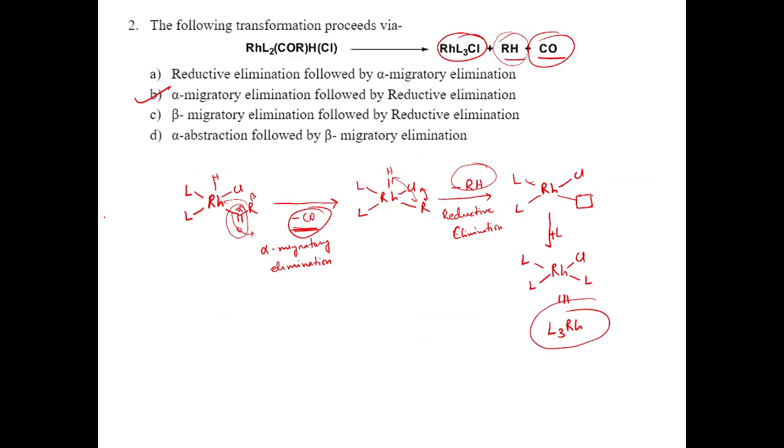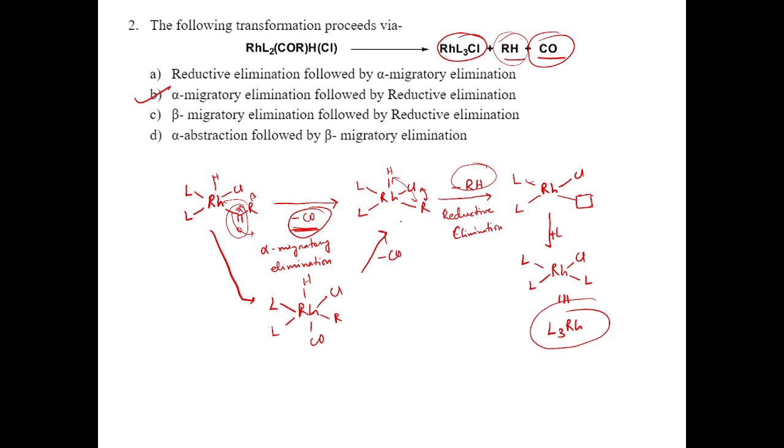If I go back to the previous one, there is an intermediate step also, where CO is binding that way, and after that this CO is going out and forming this thing.